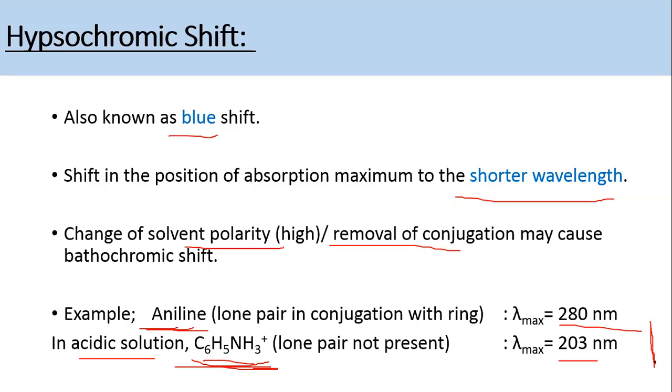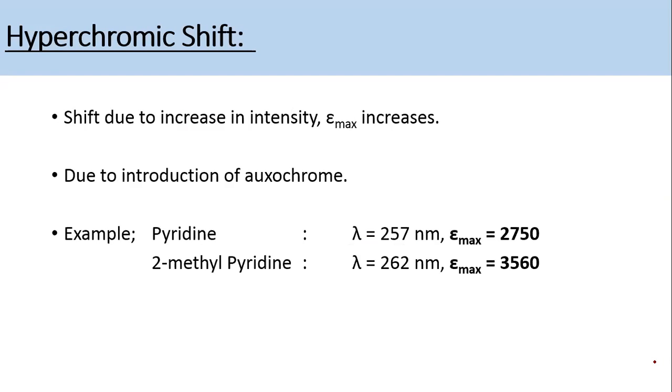Now let's discuss the intensity variations. Intensity variation can be in the case of a hyperchromic shift, in which intensity or Emax value is increased, and this is mainly due to the introduction of an oxochrome. To study the effect, let's have an example. Pyridine, which is C6H5N, has a wavelength of 257 nanometers, and the Emax value is 2750.